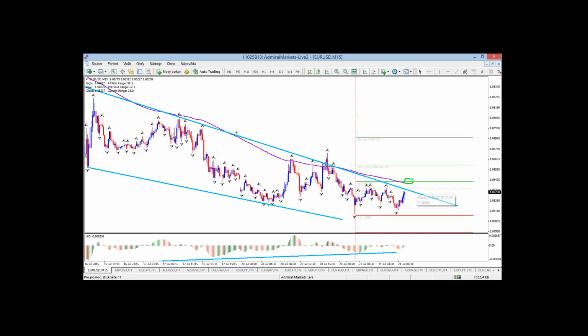169 EMA indeed. When I say 169, it's without the dot. 169. Okay, so basically the 144 and 169 are kind of like a band as well.